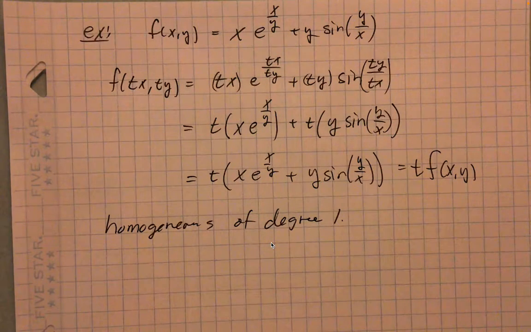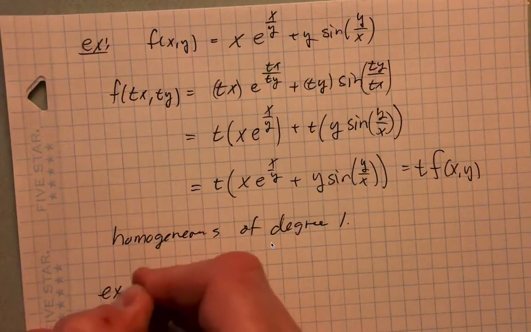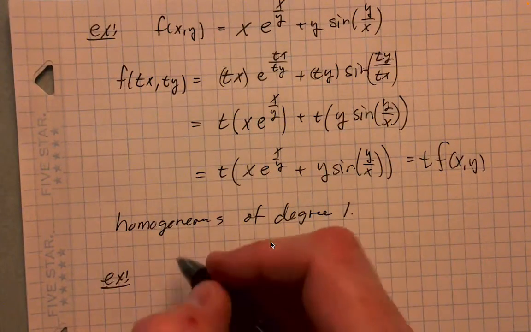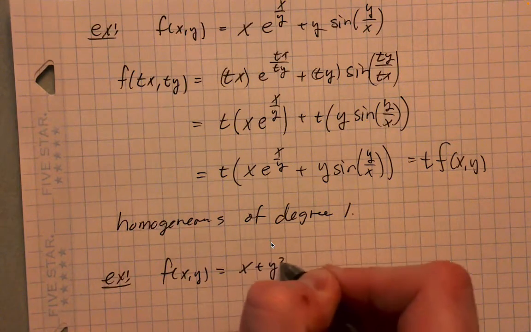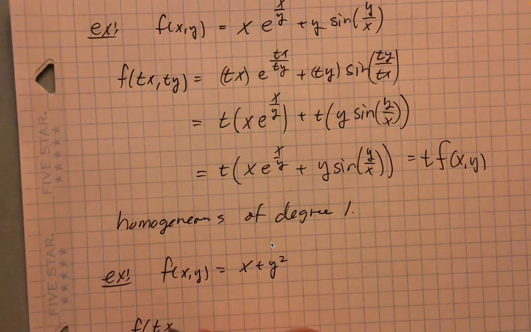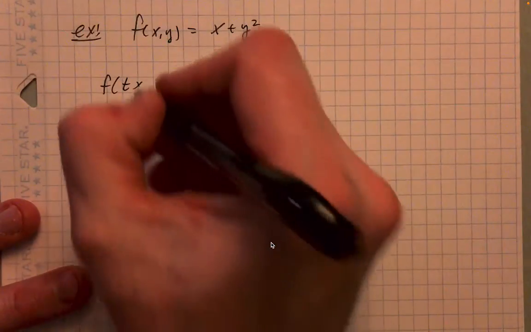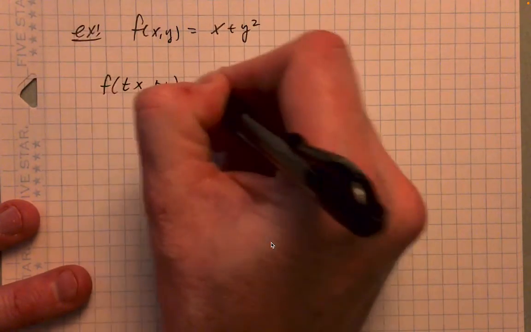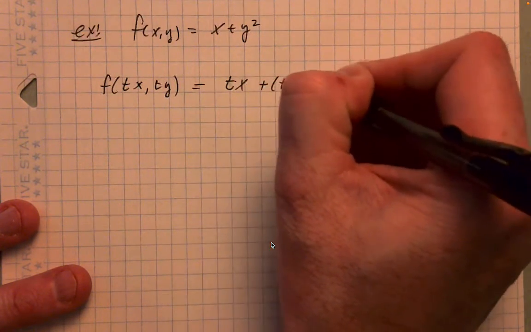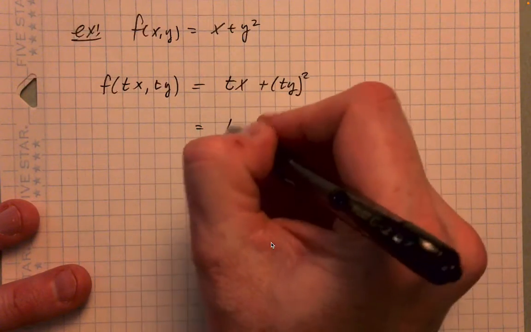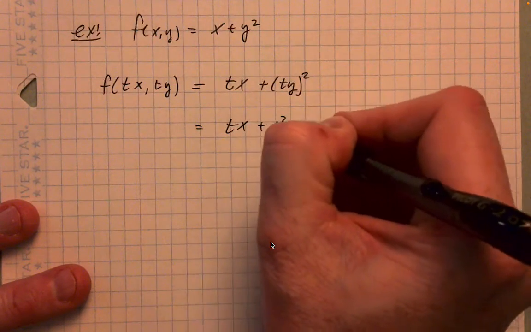Now, some functions don't allow you to do this. Some functions do not have this property. So let's see an example there. What about this one? F of xy equals x plus y squared. Well, f of tx, ty would be t times x plus t times y squared, which is t of x plus t squared y squared.